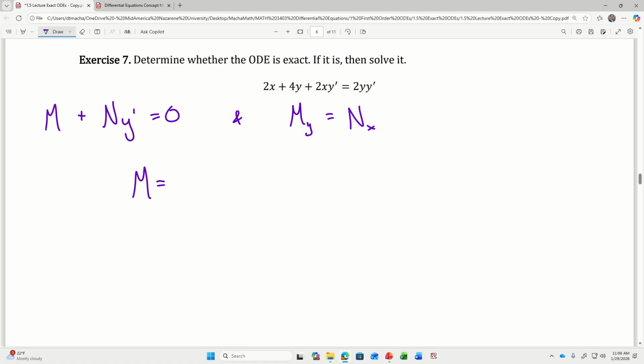It's part of it. 2x plus 4y. There you go. Yeah, I want my ODE to look like this, where I have M plus N times y prime equals 0. And so the M part is the part that does not multiply y prime, which is going to be 2x plus 4y. What's the partial derivative of M with respect to y?